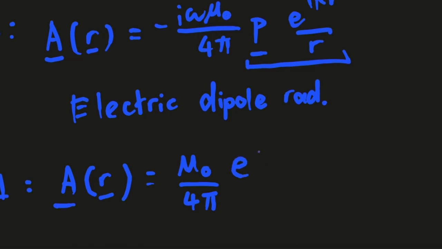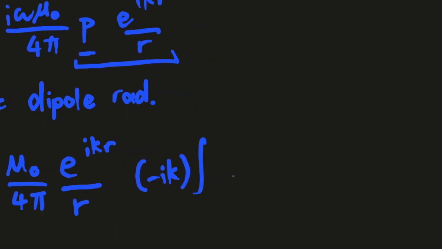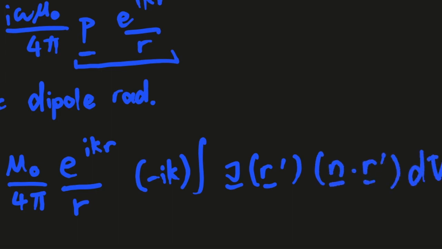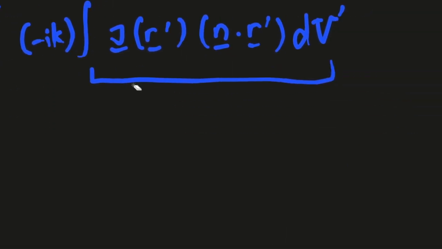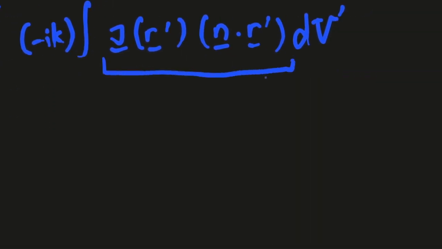The second term we'll see has something like a quadrupole in it, and something like a magnetic dipole, if I remember correctly. So this term is the thing we want to find.